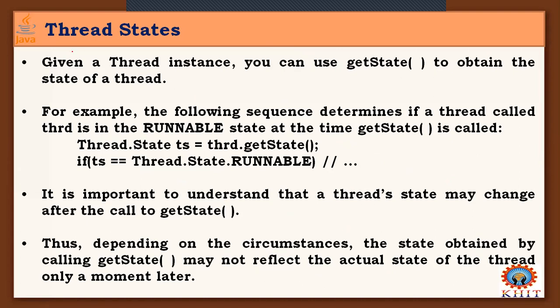And next one, given a thread instance, nothing but an object of a thread, you can use getState to obtain the state of the thread. For example, the following sequence determines if a thread called this one, an object in the runnable state, at the time you can invoke this getState method.